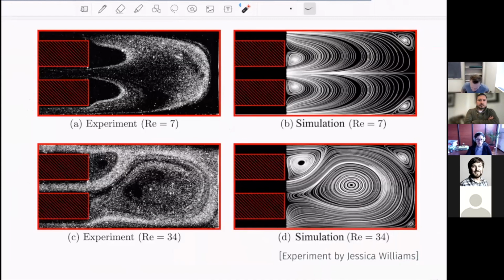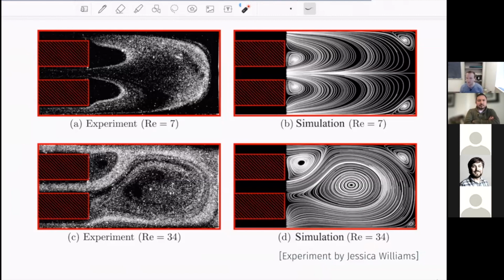Okay, and just as a last bit of motivation, to really drive home the point that it's the Reynolds number that drives the whole nature of the flow. This is an experiment that Jess did, where we compare an experiment with some simulations at different Reynolds numbers, and only increasing the Reynolds number from 7 to 34 already totally changes the nature of our flow.